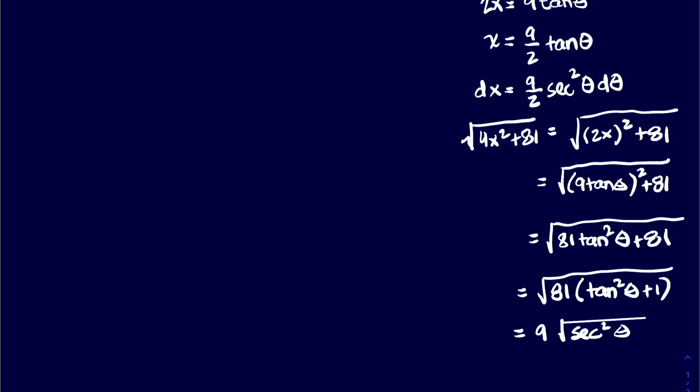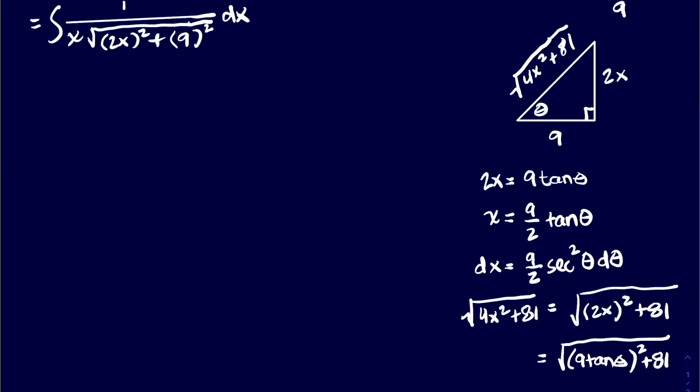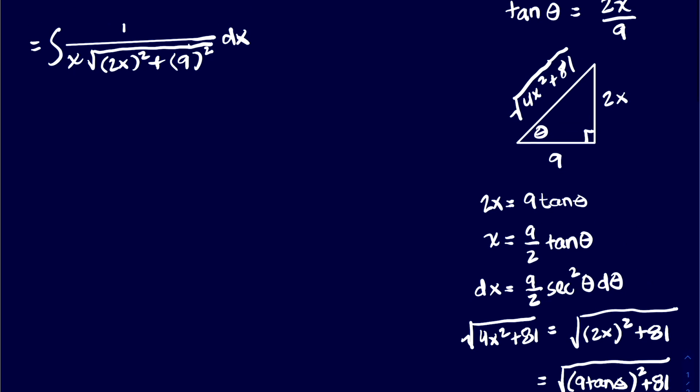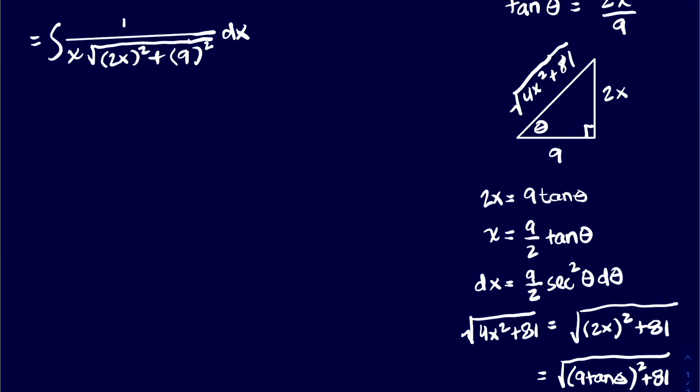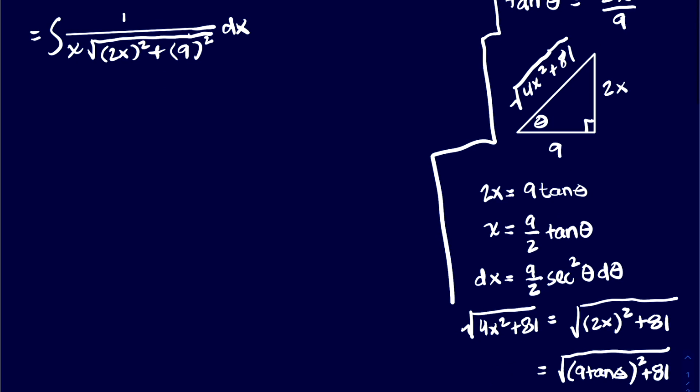Good. So we'll get 9 secant theta. Cool so far? All right. Now we also need to find x, and we did, so we're good there. We'll be utilizing that.